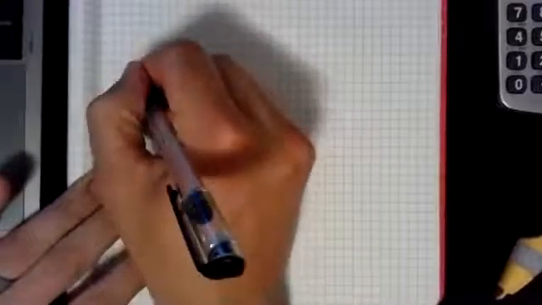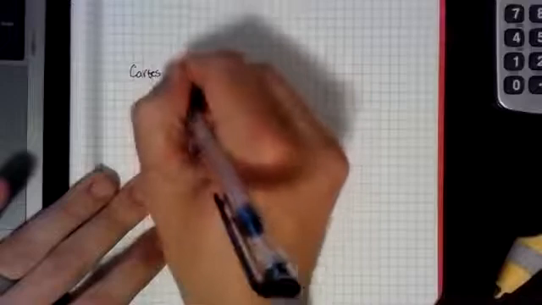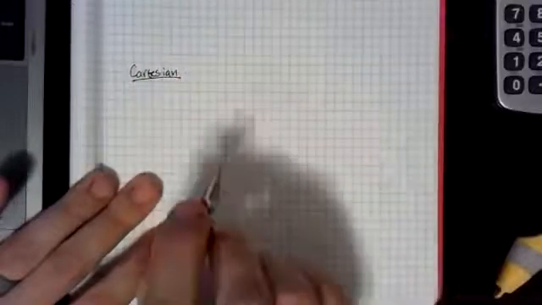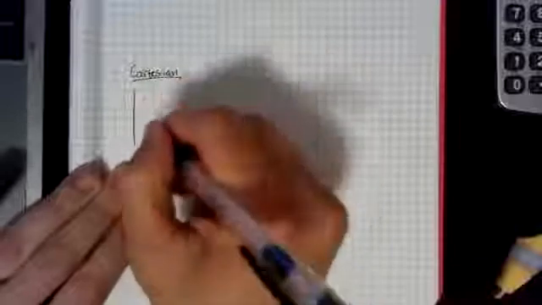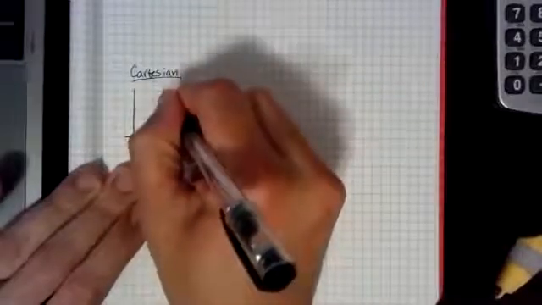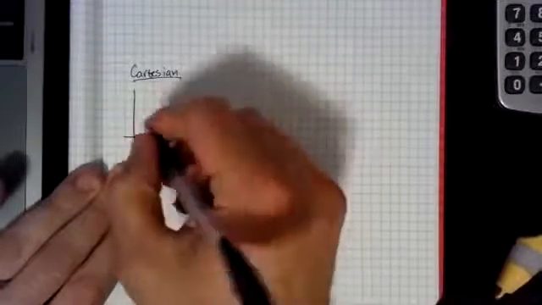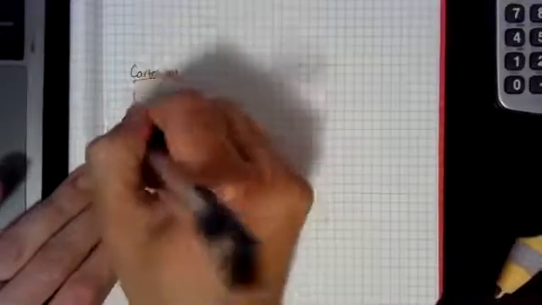So to start out, you are used to seeing Cartesian coordinates, named after Rene Descartes, famous mathematician, same guy as Descartes' rule of signs. In Cartesian coordinates, every point that we have is defined by a horizontal distance followed by a vertical distance.